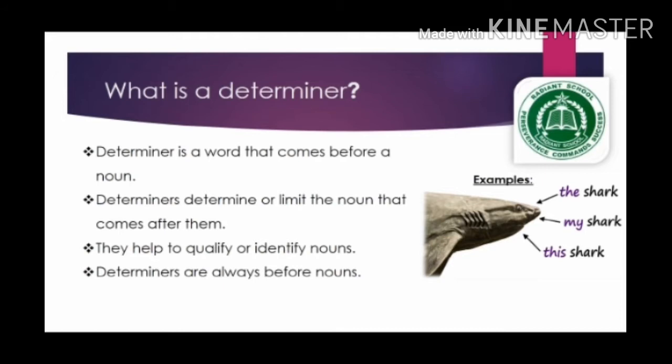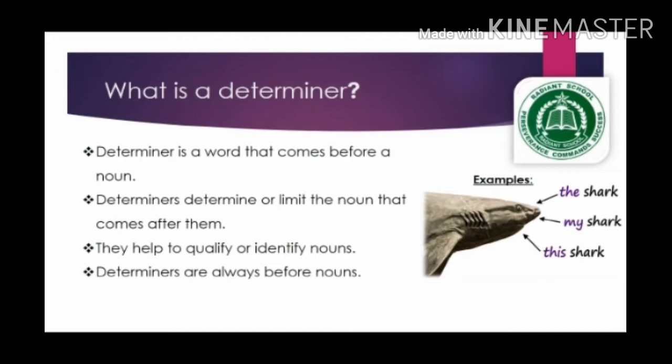For example, the shark, my shark, this shark. Here shark is a noun that is the same in the three examples, but the determiner, the word that comes before a noun, is changed in all three examples.